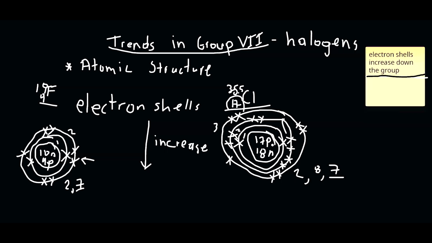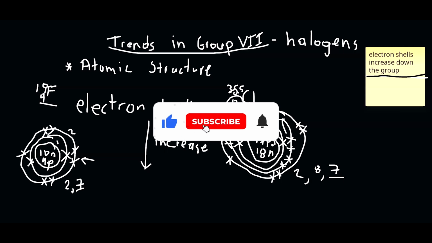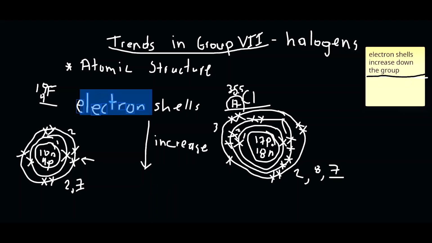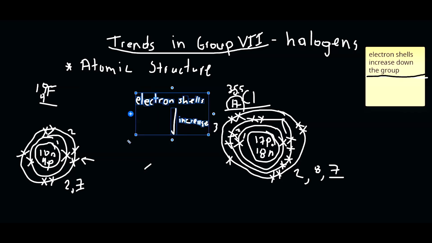Do you believe it increases down the group or decreases? We've looked at the atomic structure and the electron shells. I'm asking, what is your opinion on that?